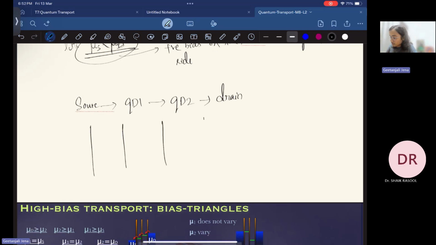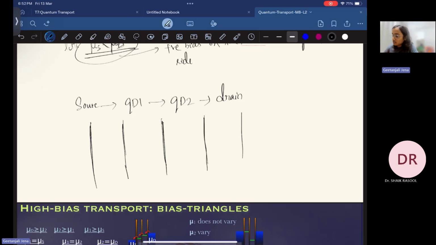I'm just representing it in a simple picture, so I'm not considering any tunnel resistance between quantum dot 1 and quantum dot 2 or between source and quantum dot 1. They are there, but just to understand the process, I'm representing it without the complete picture.